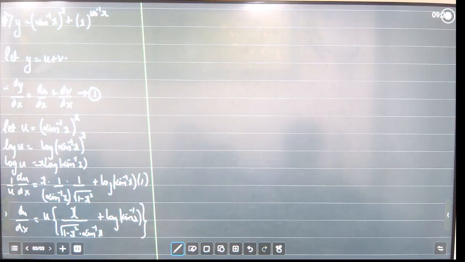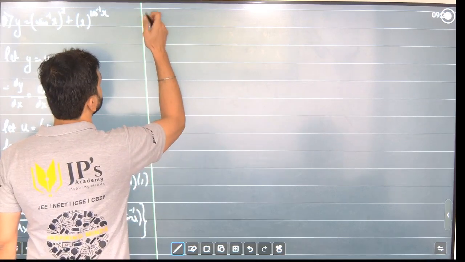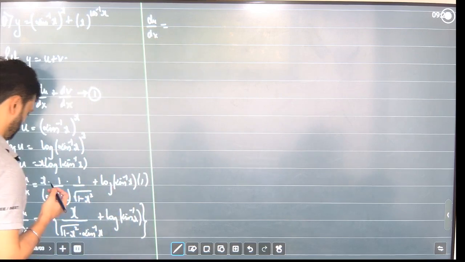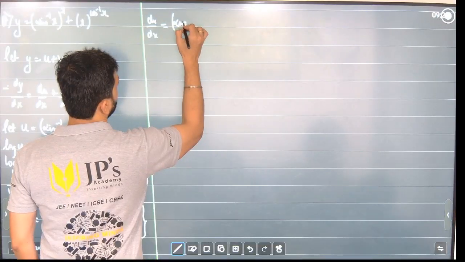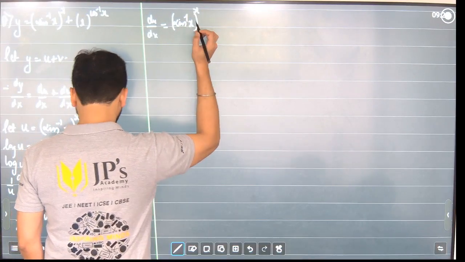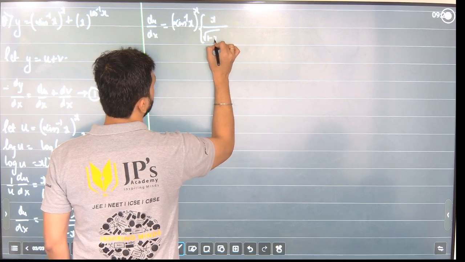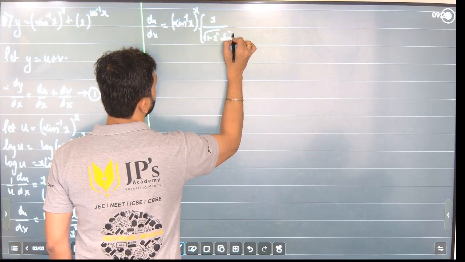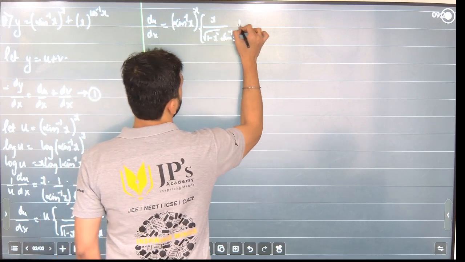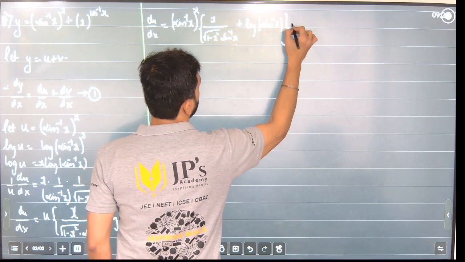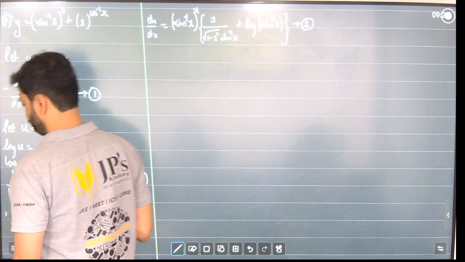And the last step would be, du by dx will become, u is nothing but sine inverse x raised to x. So sine inverse x raised to x into x upon under root of 1 minus x square sine inverse x plus log of sine inverse x. Guys, this is my equation 2.